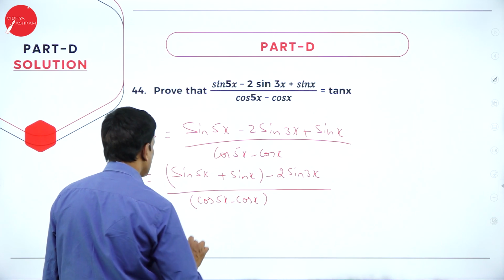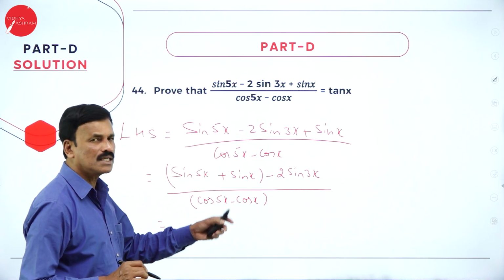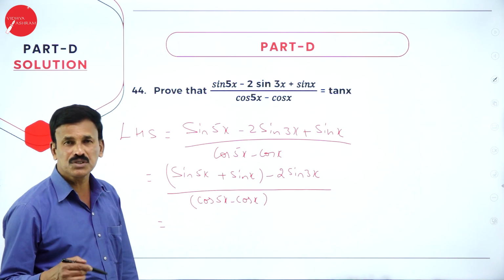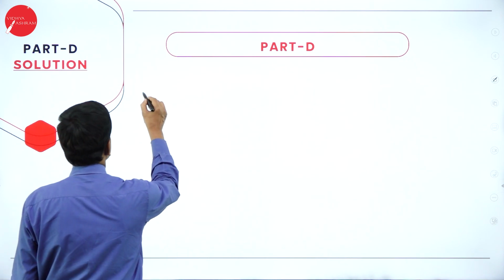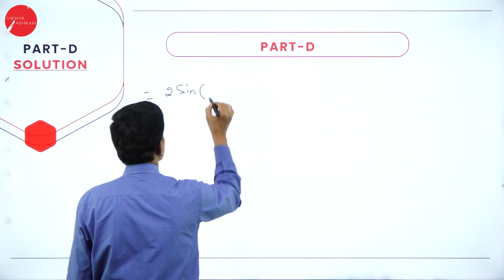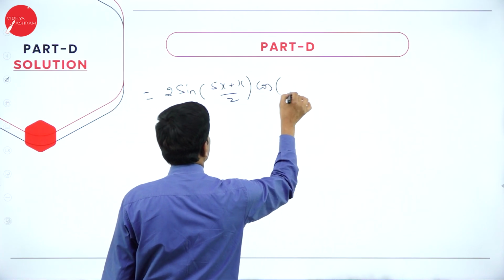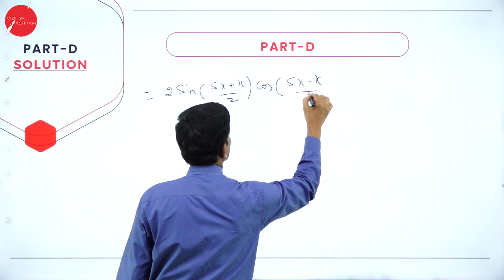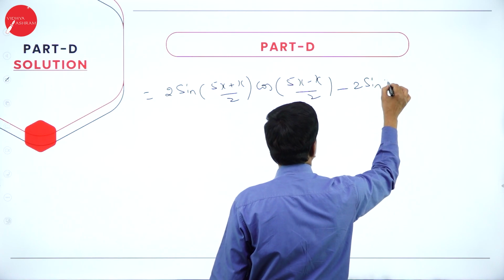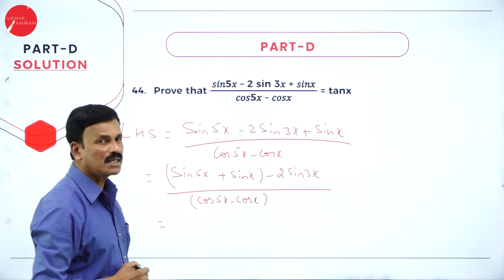Now if you observe carefully, the numerator has sin c plus sin d, and the denominator has cos c minus cos d. What is the formula for sin c plus sin d? 2 sin((c+d)/2) into cos((c-d)/2). So this is equal to 2 sin((5x+x)/2) into cos((5x-x)/2), minus 2 sin 3x as it is, whole divided by, in the denominator, cos c minus cos d.